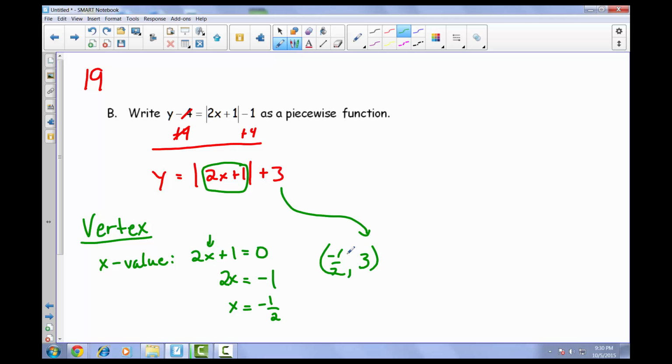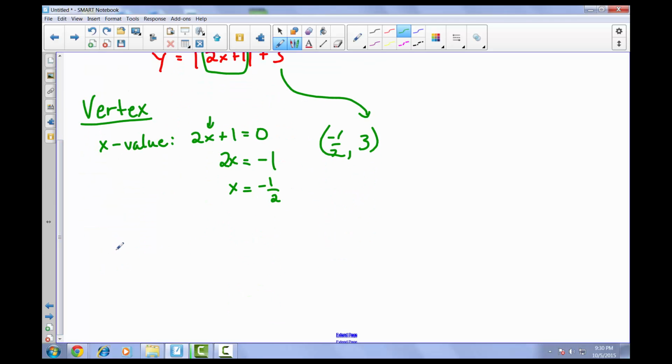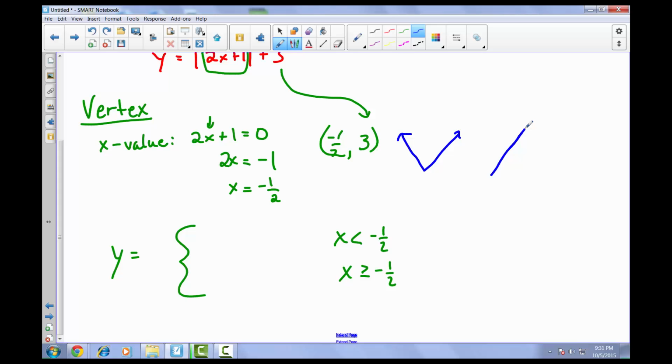Now, when we're trying to figure out our piecewise function, we have y is equal to two different parts. And again, these breaks are happening specifically at our vertex. So when x is less than negative 1/2, and when x is larger than or equal to negative 1/2. And the reason for that is because we have some v either going something like this, or something like this.